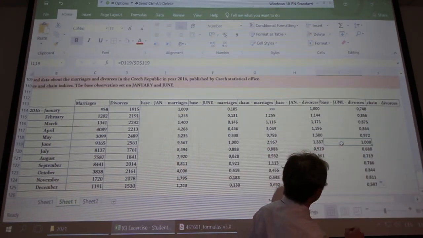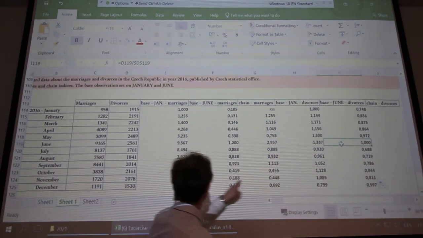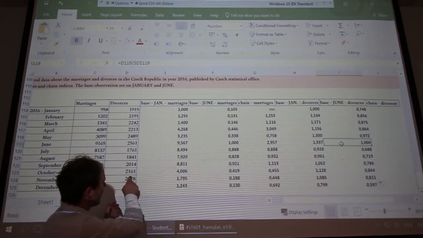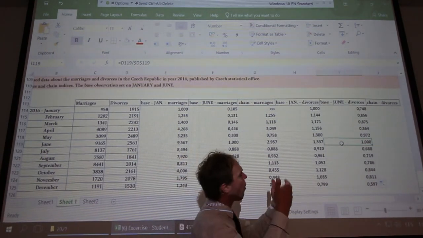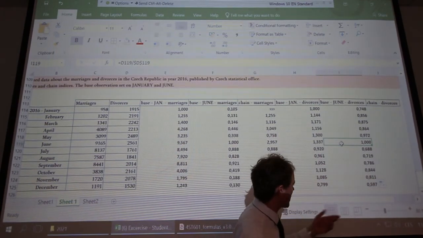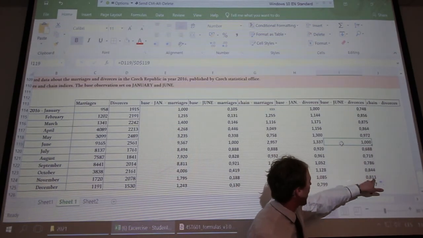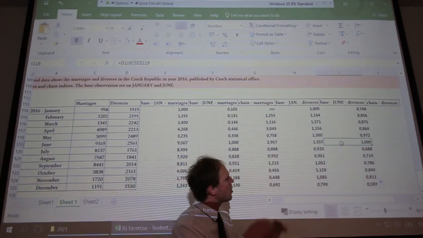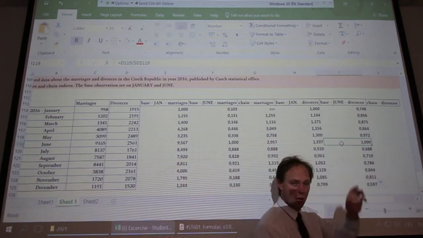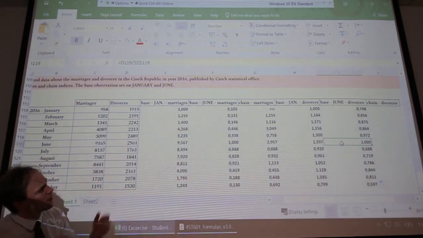The value, for example, here, on November, in November we have a smaller number of divorces. The number of divorces decreased by 18.9% in comparison with June, etc., etc. So we set different bases.